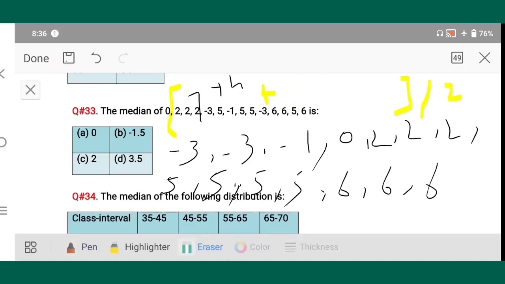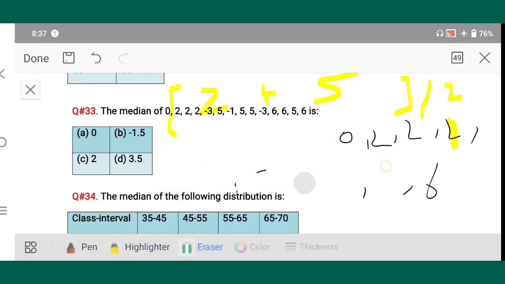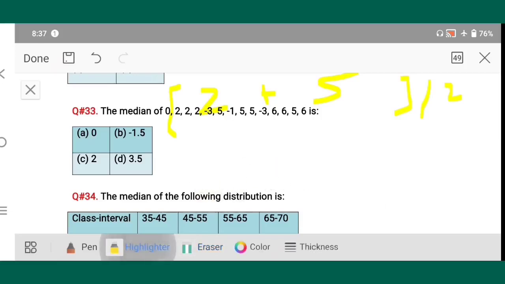So this is the 7th and this is the 8th observation. So 2 plus 5 gives 7, divided by 2, so it gives 3.5. Our correct option is 3.5.